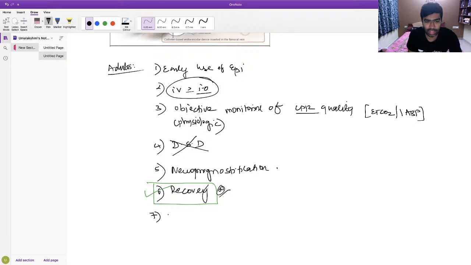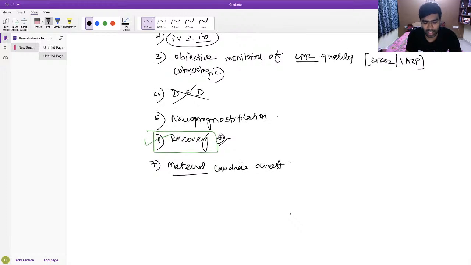And 7th is the maternal cardiac arrest algorithm, which has to be known in detail because this is something that is completely new. And maybe there are one or two small changes that have been done. They have said that CPR by lay rescuers, laymen, is also okay.